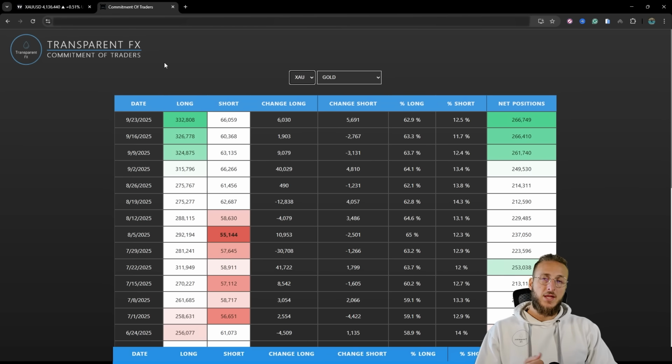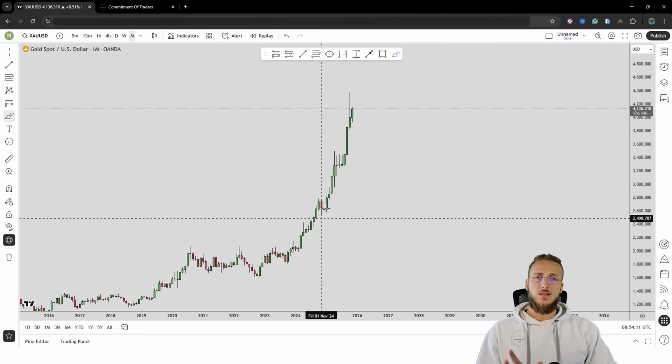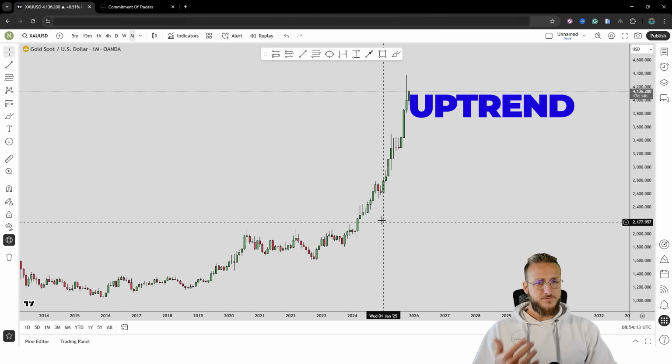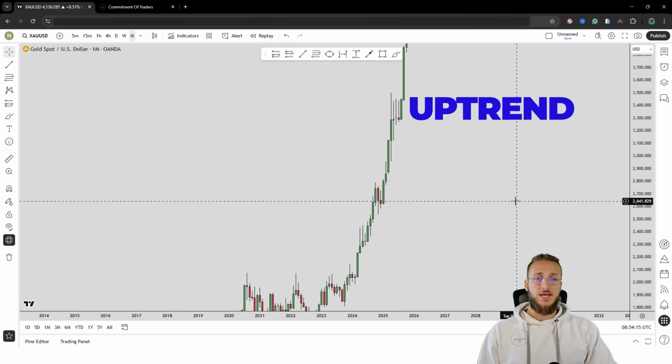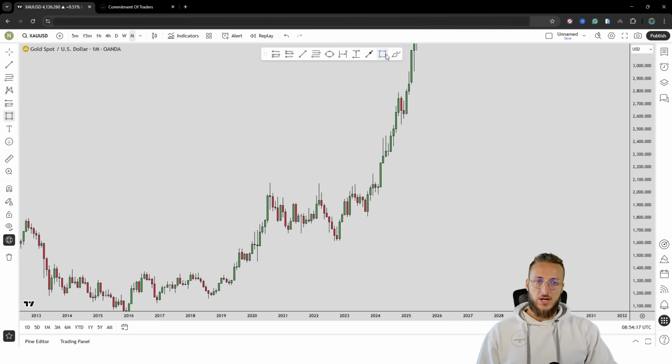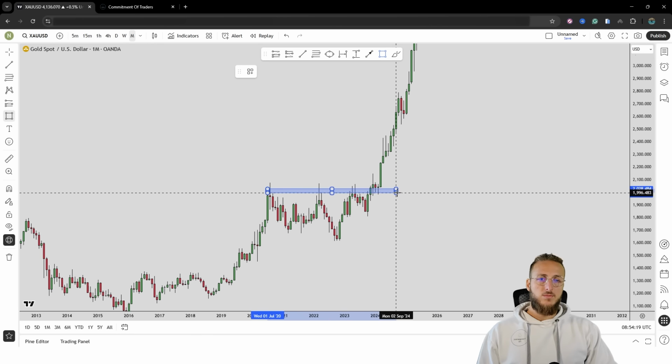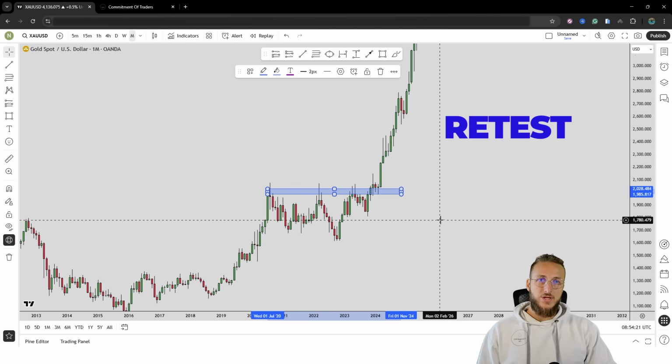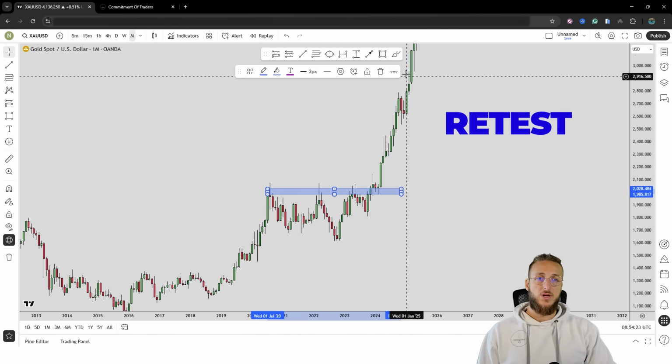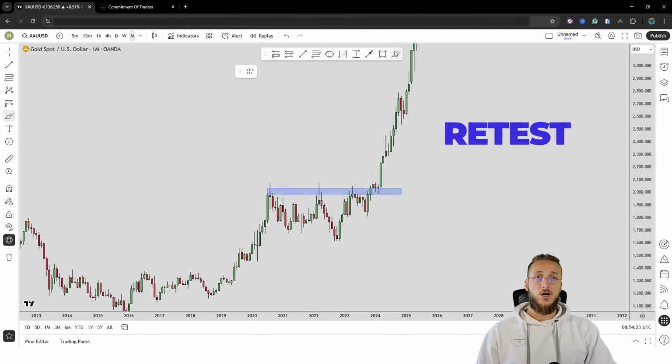But for now, let's keep in mind that here in the monthly, we are in a strong uptrend, and that all this uptrend is coming as a rejection away from a quite important break, retest, and rejection to the upside of a historical structure level.